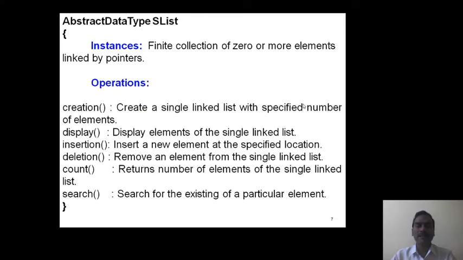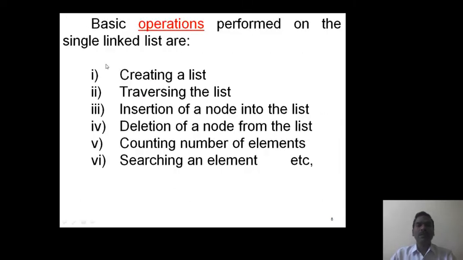The possible operations are creation, display, insertion, deletion, count, search, etc. We specify the basic operations on the linked list as creating a list, traversing the list, insertion of a node into the list, deletion of a node from the list, counting the number of elements, searching for an element, etc.